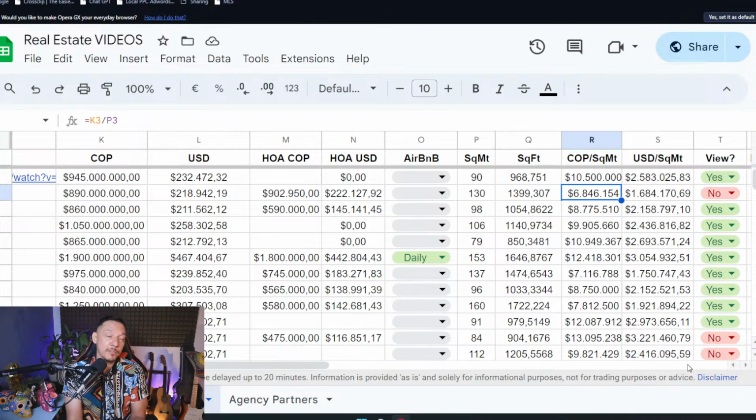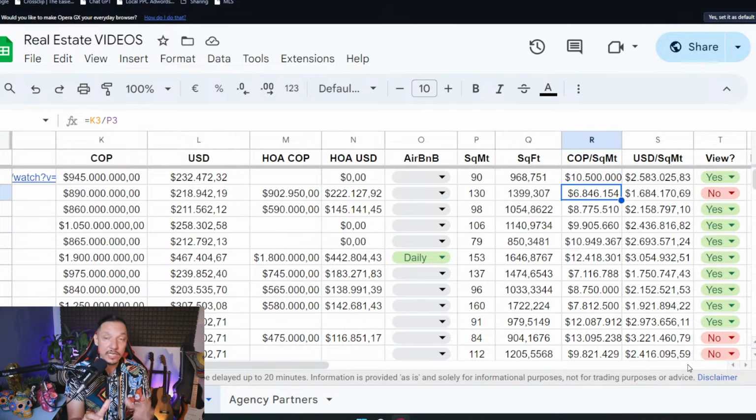And it usually depends on a few factors. Number one is what neighborhood it's in. And when I say neighborhood, I mean sub-neighborhood within El Poblado. When I'm looking for properties in El Poblado, I look for the sub-neighborhoods, and then I know, oh, Los Gonzales, the price per square meter is going to be higher. El Tesoro, the price per square meter is going to be higher.